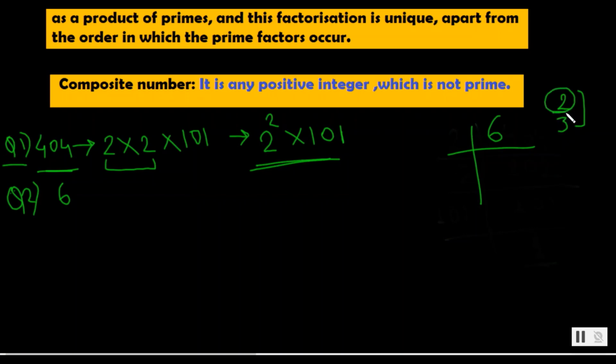So we divide 6 by 2 to get 3, and 3, as it is a prime number itself, gives us 1. So we can write it as 2 into 3.